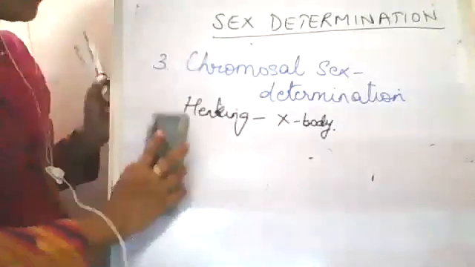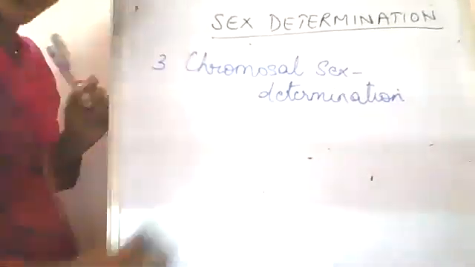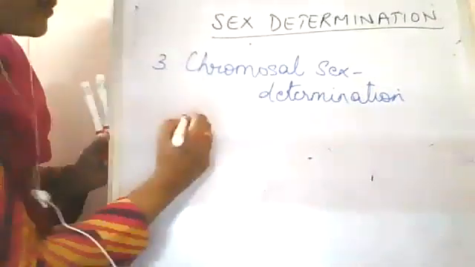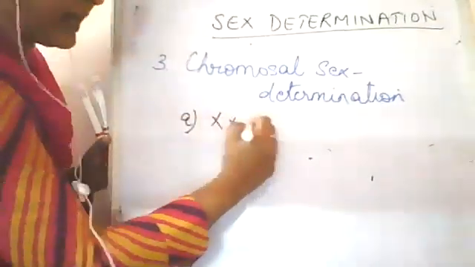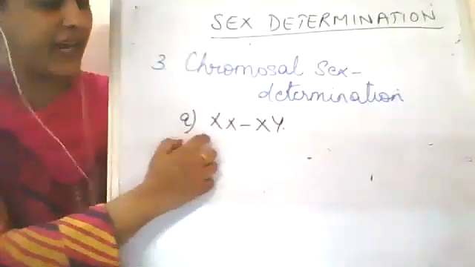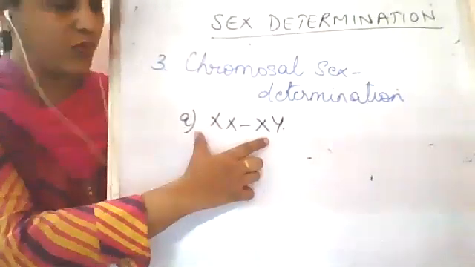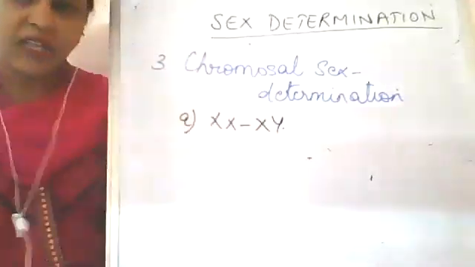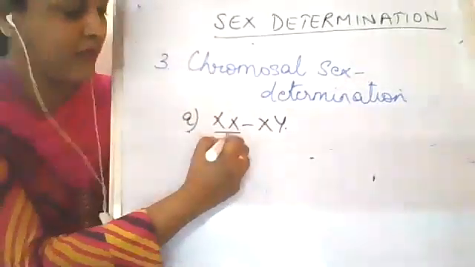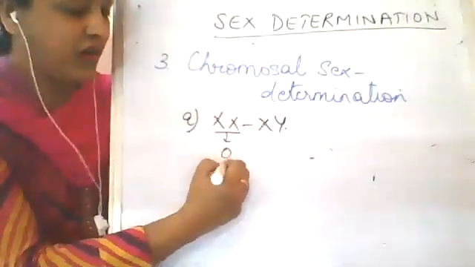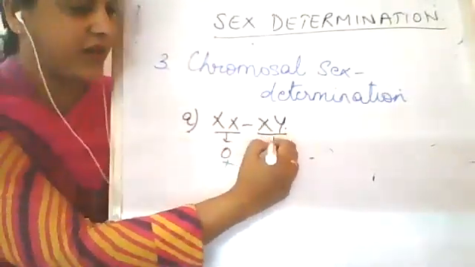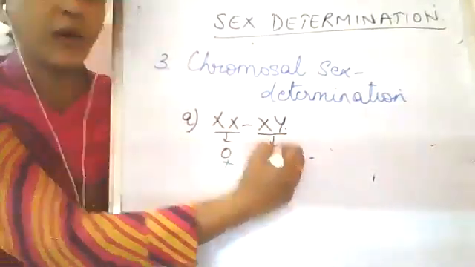The first type of chromosomal sex determination, as you have done in class 10th already, is the XX-XY type of sex determination. What do we mean by this? If the XX sex chromosomes are present in the organism, the child develops into a female child, and if XY sex chromosomes are present, the child develops into a male child.